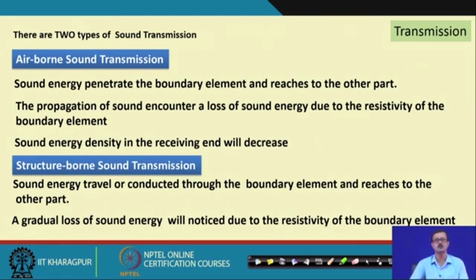Whereas, in structure borne sound, the sound will travel through the material itself, the envelope material of the building or the room itself, and when it propagates, there will be gradual loss of the sound energy as it propagates from one point to the other. How much loss occurs depends upon the resistivity of the material against the sound path.